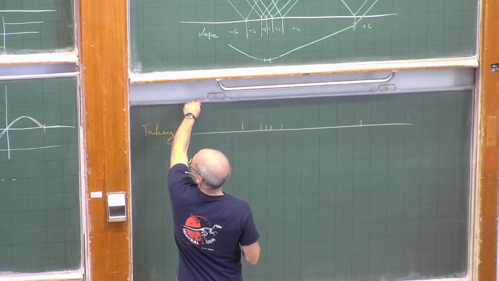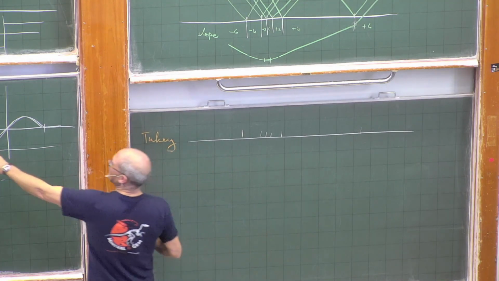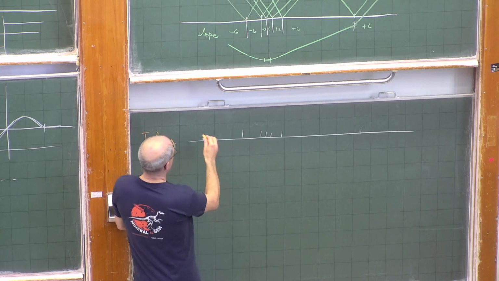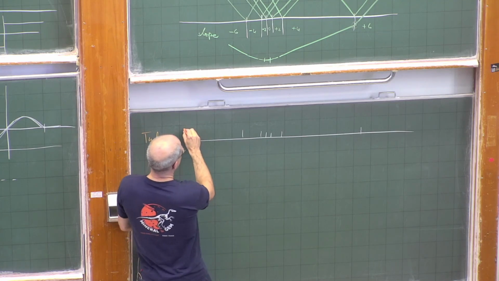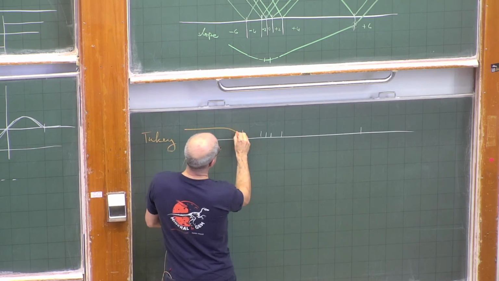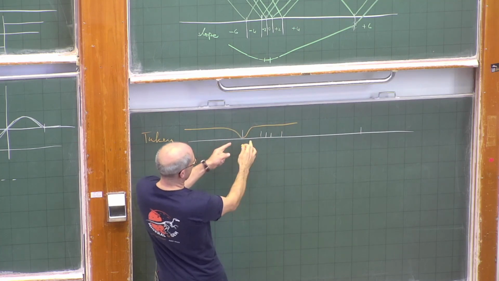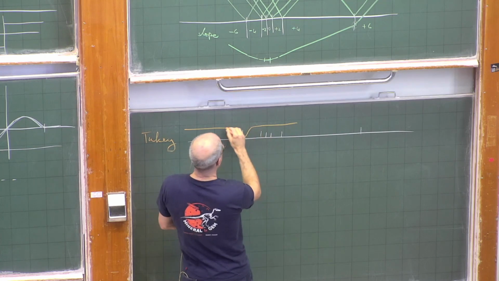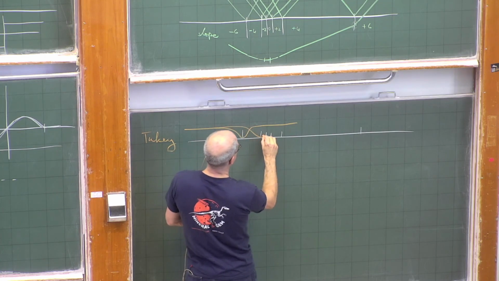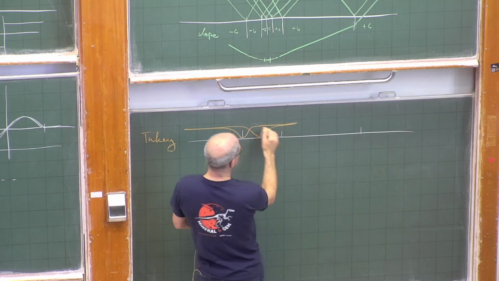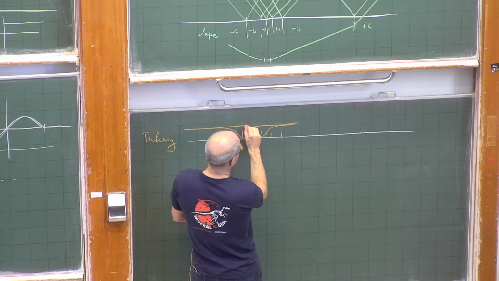All right, and for Tukey, we now have these funny potentials that are located on my samples. And I have this important bandwidth parameter. All right, and we go on and we go on. And this is going to look messy.